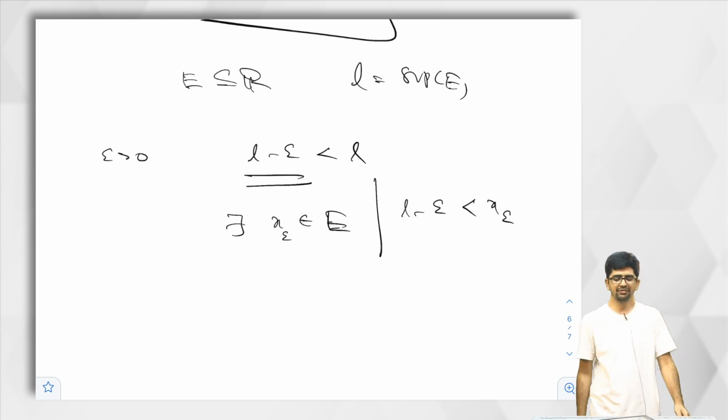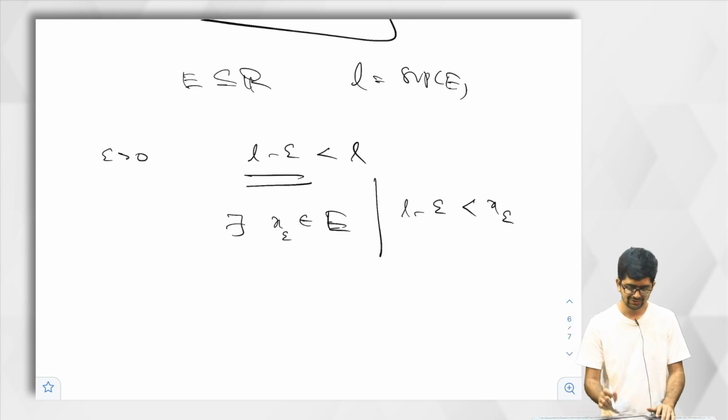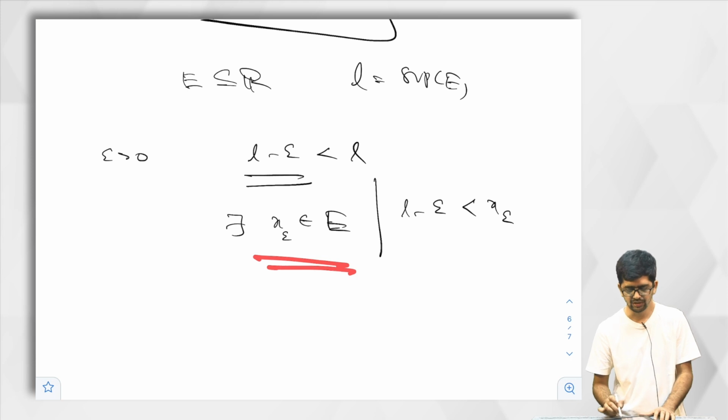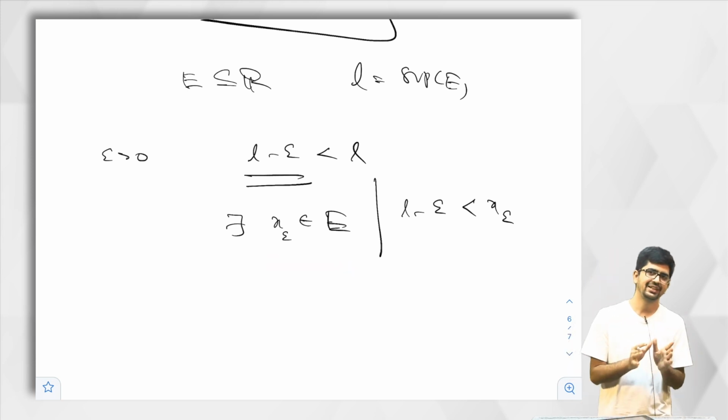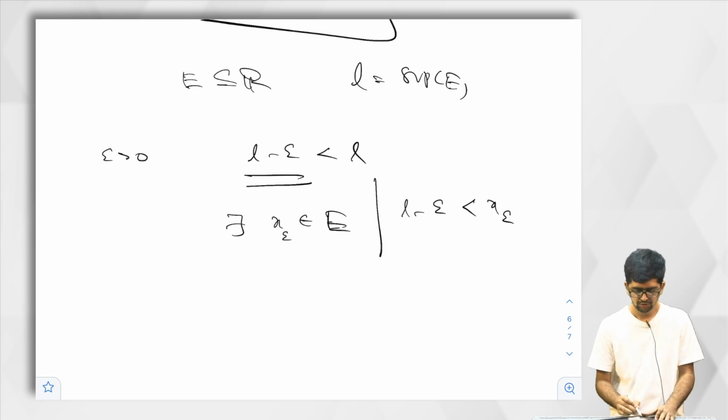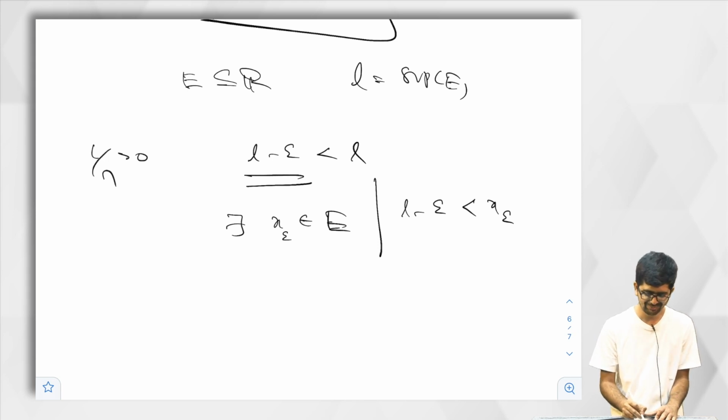But we are looking for a sequence. We got some element in E, but if we are looking for a sequence in E, we want elements indexed by natural numbers. So instead of looking for arbitrary epsilon positive, let us take epsilon to be 1 by n.